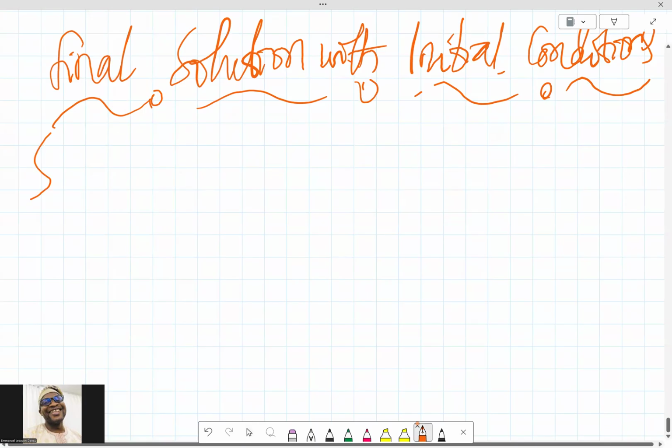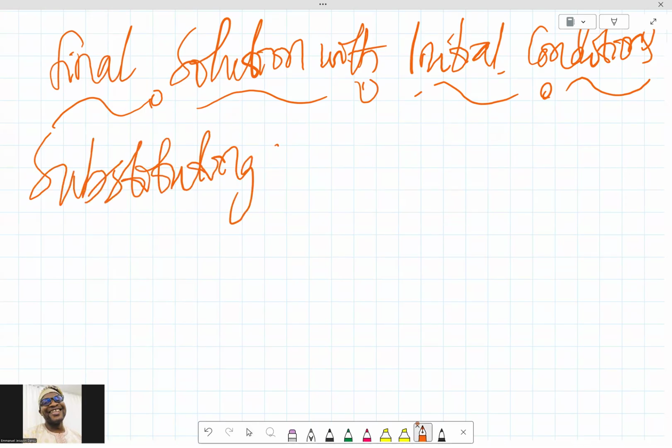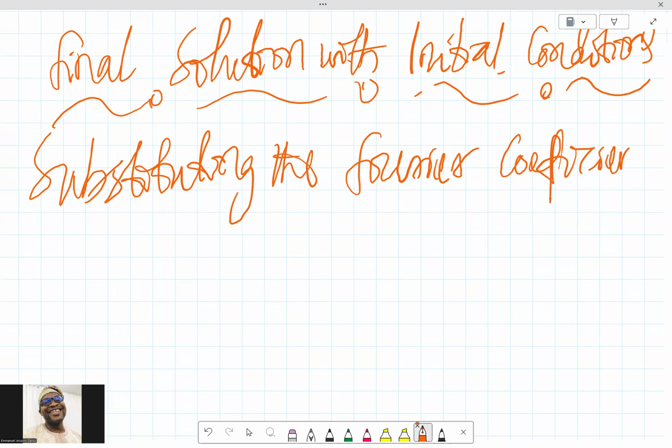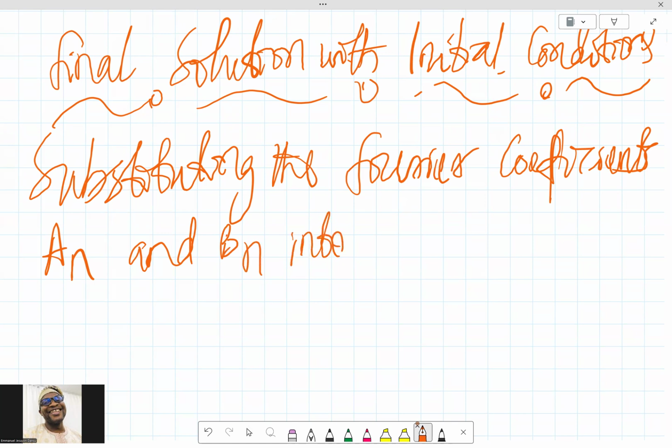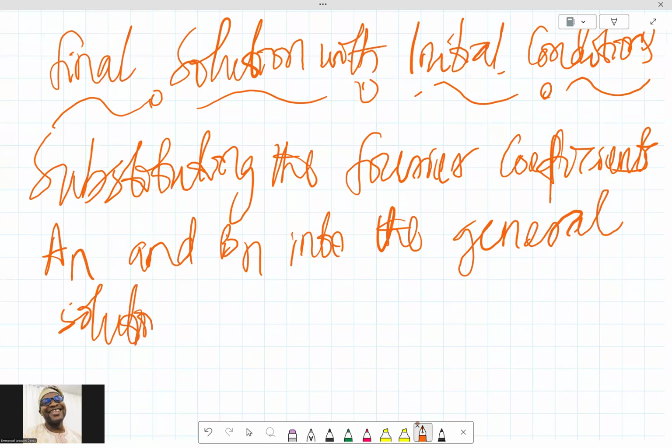So substituting the Fourier coefficients a_n and b_n into the general solution, we obtain the final solution.